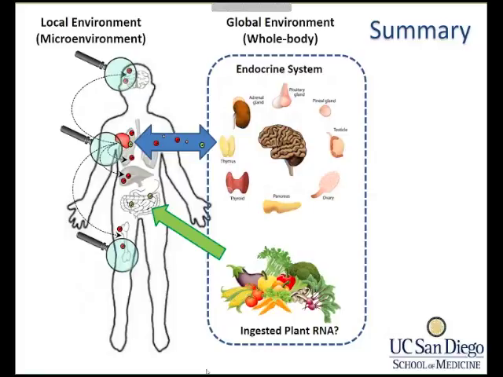So something I was thinking about is the stage at which plant microRNA may start to take effect versus when cancer-secreted endogenous microRNA may be more predominant in controlling gene expression.